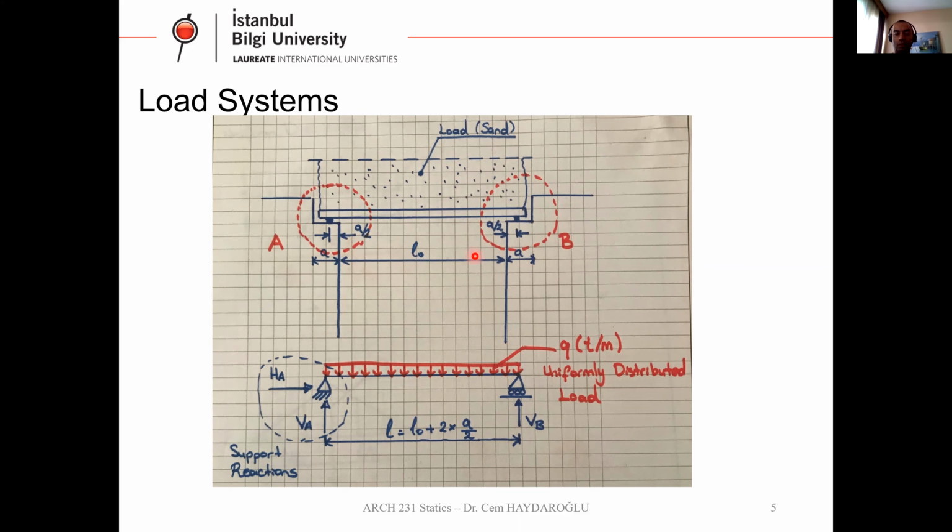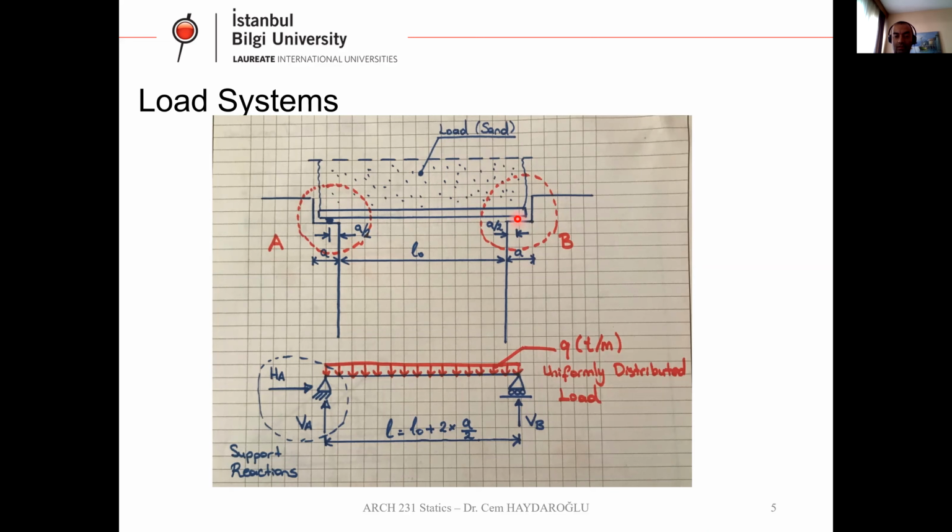So if we have a look at this structural system, between these supports, we have a spacing, which is L0. How are we going to convert this real structural system to our calculation system? You can see here, this is the spacing L0 between two supports. And also, this beam sits on top of this support at this point, here and here.